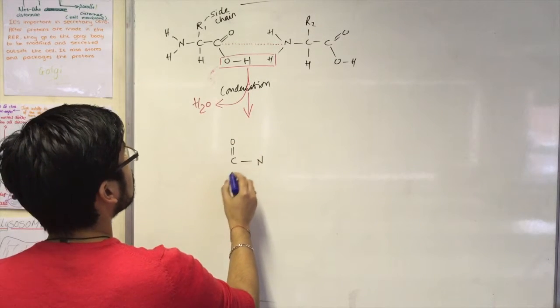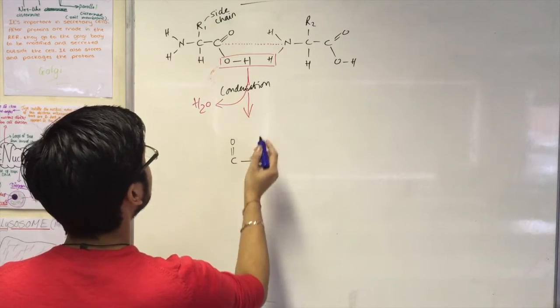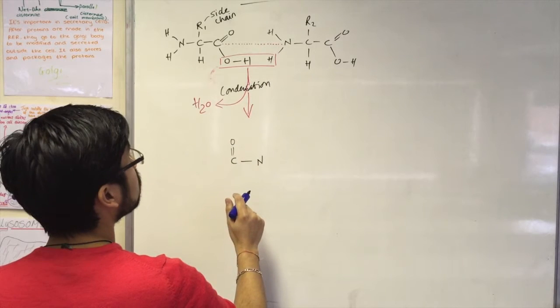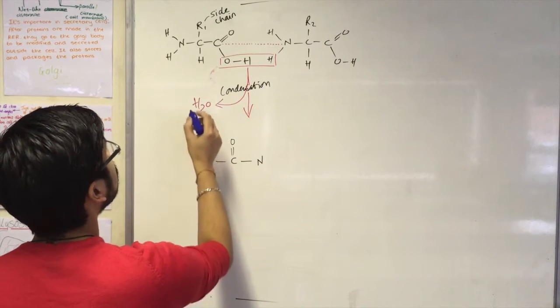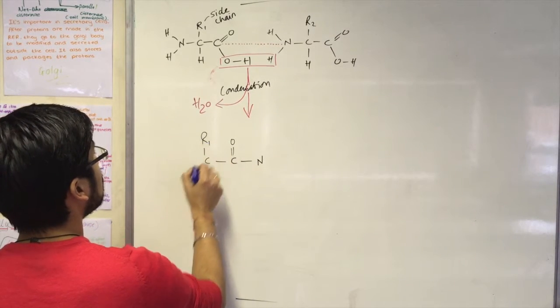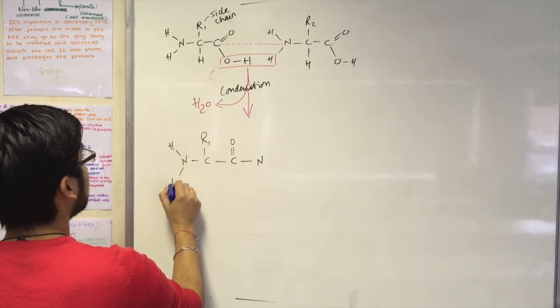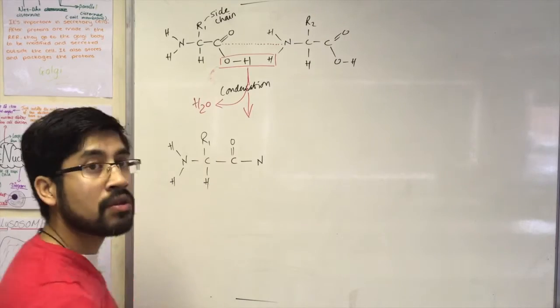And everything else, we just have to draw. Remember, we've lost that OH there, and we've lost that hydrogen from the amino group there. Okay, so I'll just draw this out. That's the carbon with the first R group or the side chain. That's my amino group that's not changed because it hasn't taken part in the reaction.